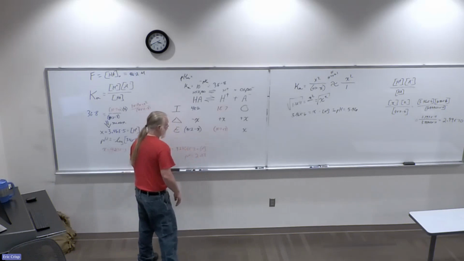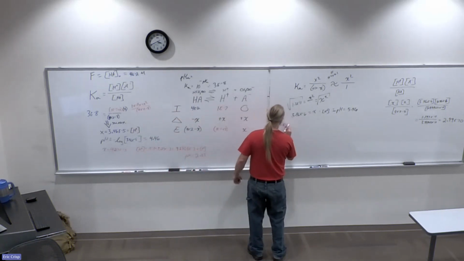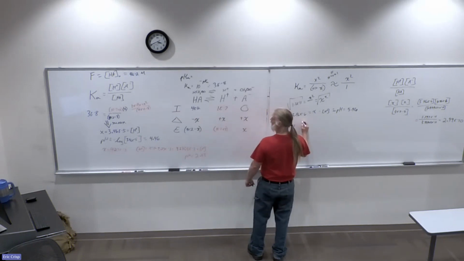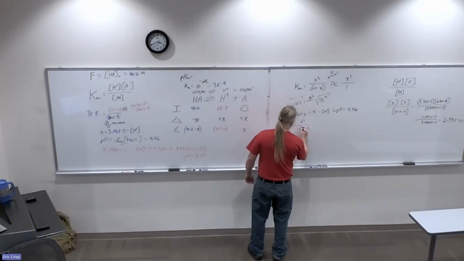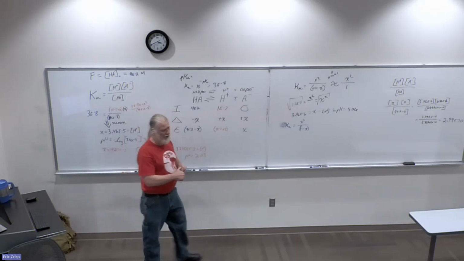So for the blue one, we had this is actually a Ka, right? Equals, we just had x squared over f minus x, right? Remember my f is this up here. So I'm going to choose variables here.